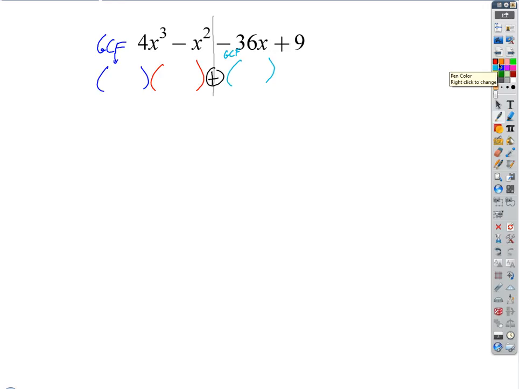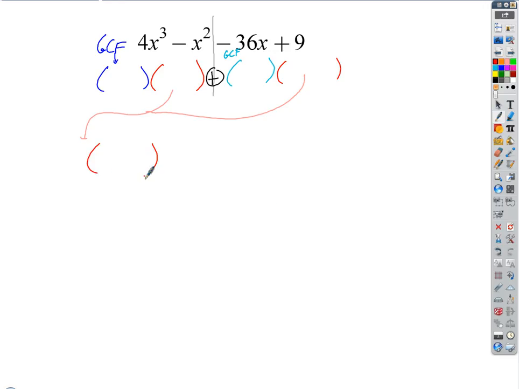It should be the same. If this is going to work, that leftover needs to be the same. And if it's the same, then whatever our leftover factor is, it's going to be a factor of each of these 2 terms. So we're going to pull that one out front, meaning we factor it out. We divide it away from everything, and we just put it in front.